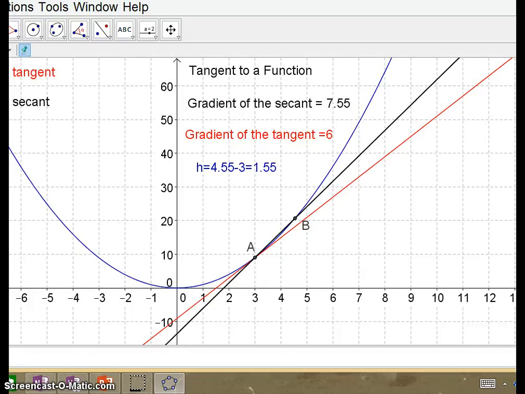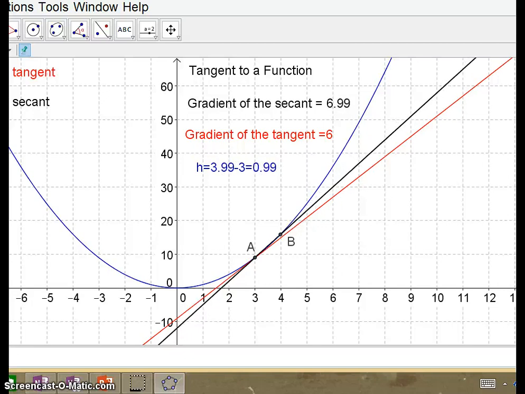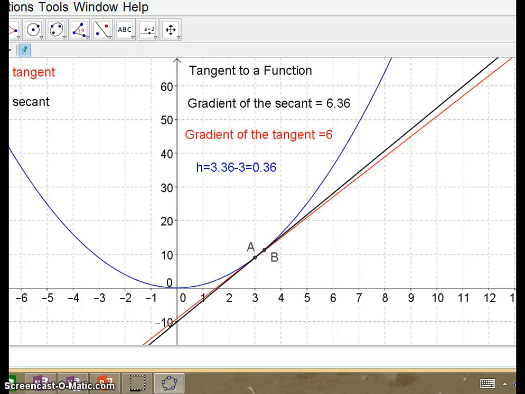But as you can see, if I continue to move the point B towards the point A, h continues to get smaller and smaller. And as it does so, we can now see when A is sitting on B, or B is sitting on A, the secant is now sitting on the tangent.